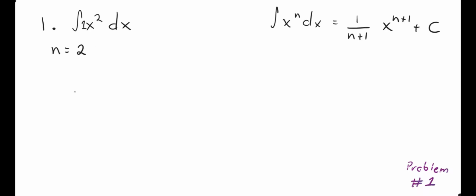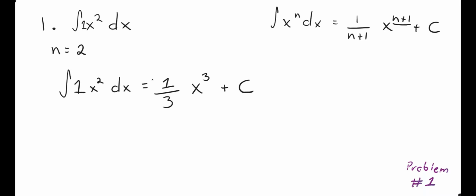So let's just remember that. That means when we do the integration of this, we will get 1 over 3, because remember we're adding the plus 1 to n, x to the 3 plus C.